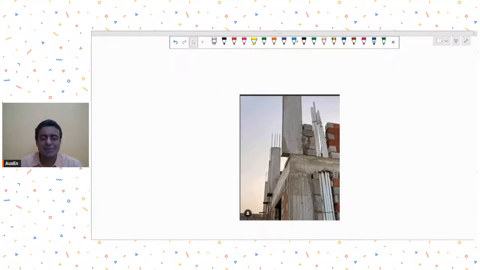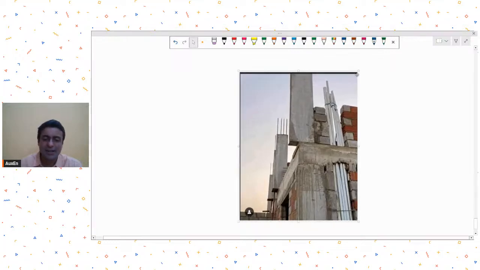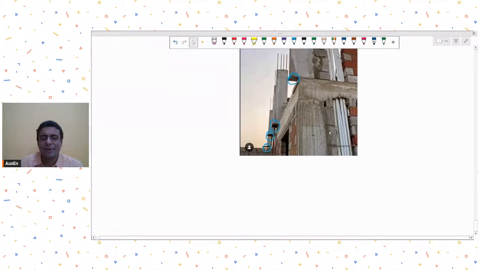If you see, these columns are going beyond the slab edge, projecting beyond the slab edge. I'm not sure what's happening over here. I really have no clue what is being done over here.